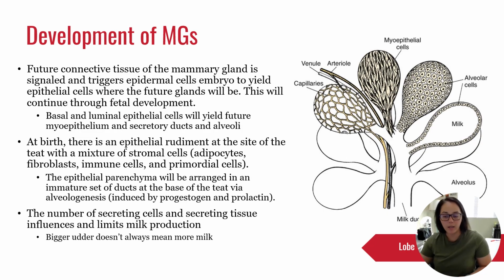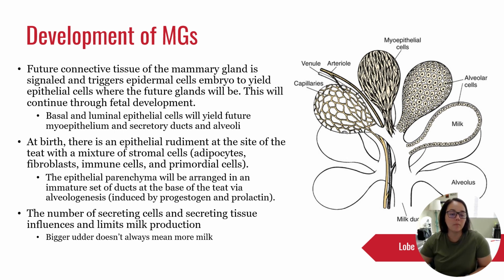Okay, so as we now get into the specifics in the development of mammary glands, I'm going to take a step back to talking about what happens in the fetus. Those tissues that will eventually become the connective tissues in the mammary gland are signaled, and it triggers the epidermal cell embryo to yield these epithelial cells.